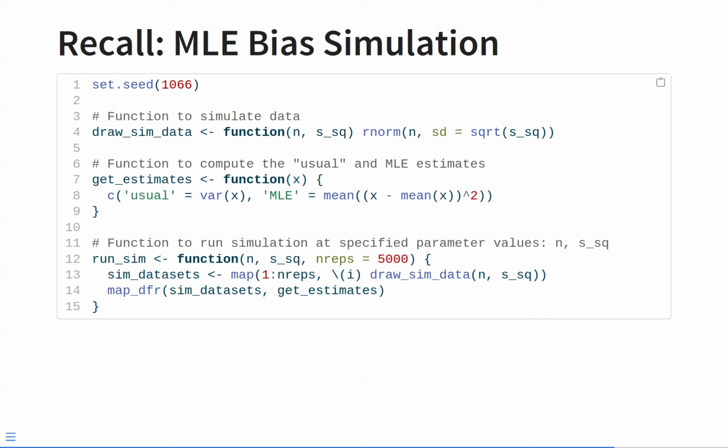Then we had a function to create estimates for the population variance: the usual estimator, namely the sample variance, and the MLE, which divides by n rather than n minus 1. Then we wrote a function to run the simulation at specified parameter values using some of our favorite purrr functions. So now we have run_sim, which runs the simulation study for specified values of n, the sample size, and s squared, the population variance.